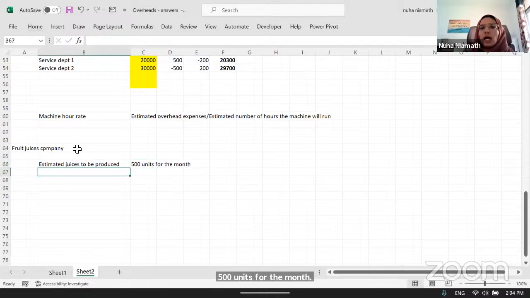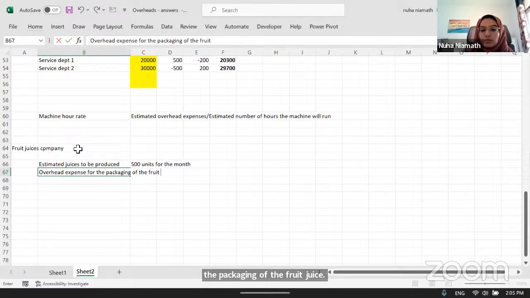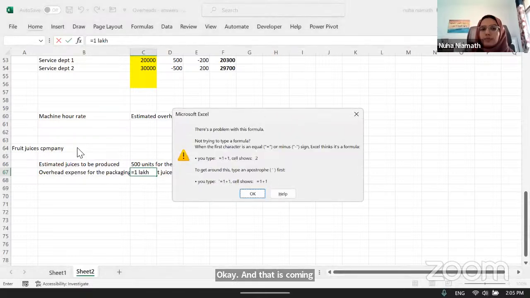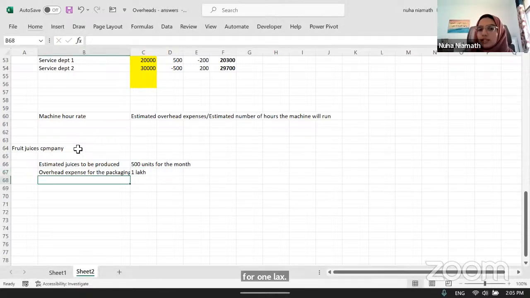And we have overhead expenses with respect to the packaging of the fruit juice, and that is coming to, let's say, 1 lakh. Clear till here? Is this example clear?